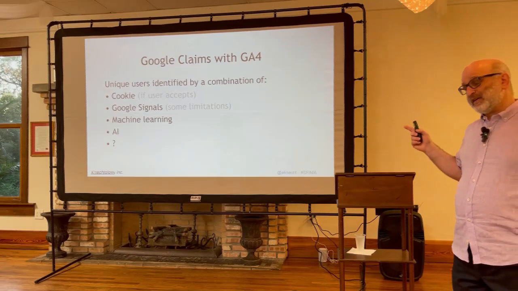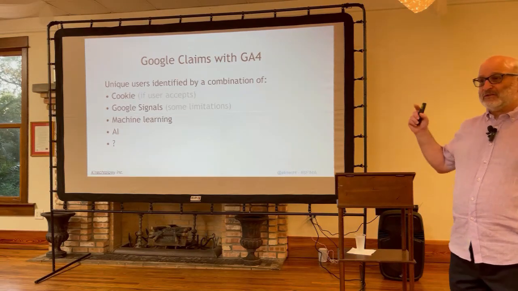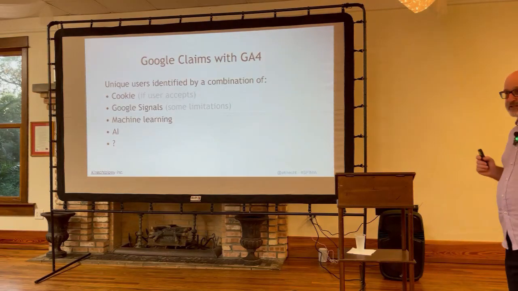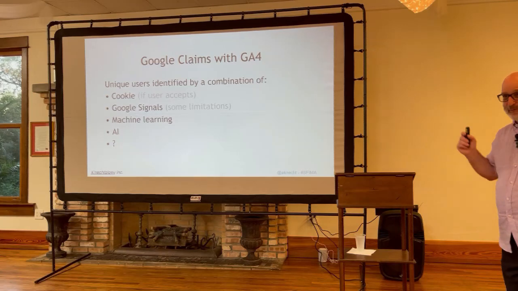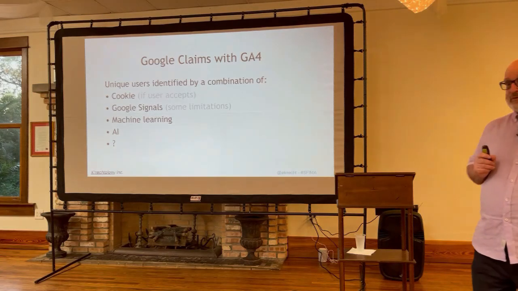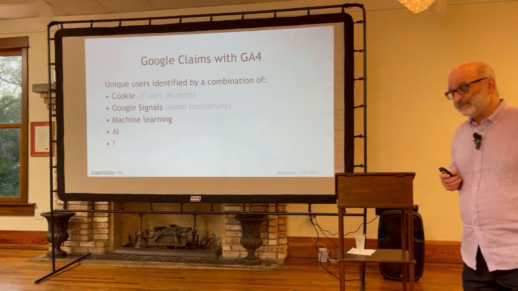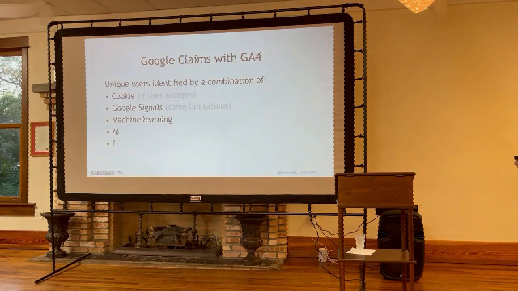Because of GDPR and people's privacy concerns, a lot of people are rejecting cookies. Okay. We have Google Signals. If you gave us permission, we have permission. They're using some machine learning. They're using what they claim is artificial intelligence. And what I call their secret sauce. They don't really want to reveal it. And you'll understand why I say that.